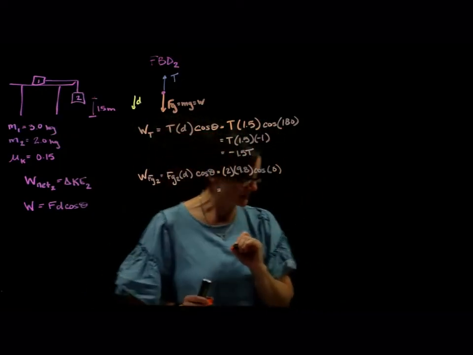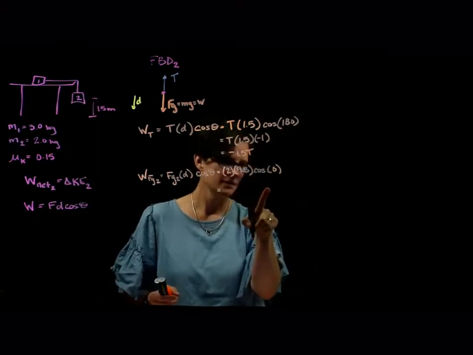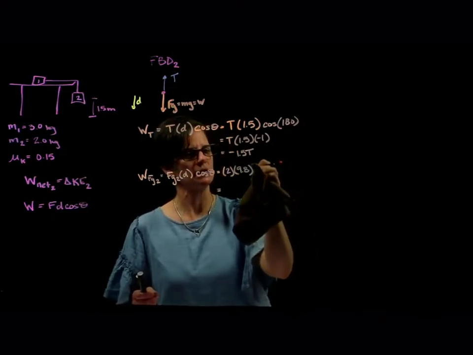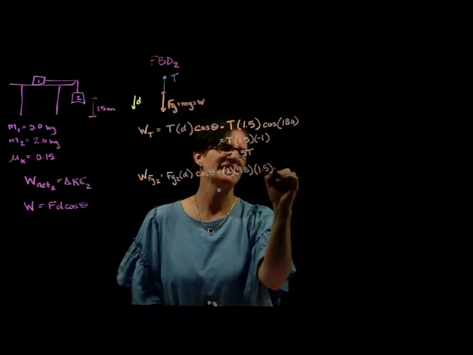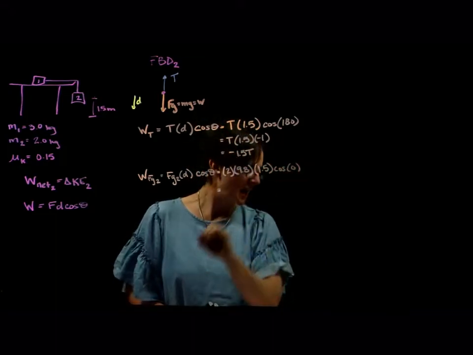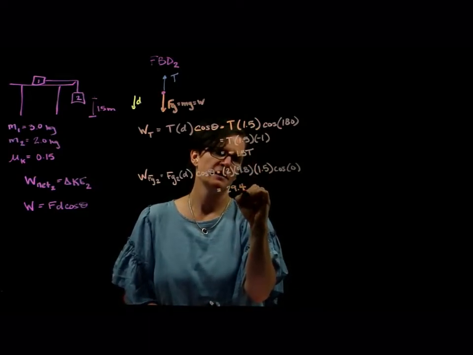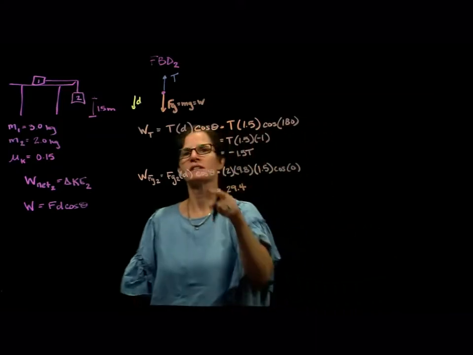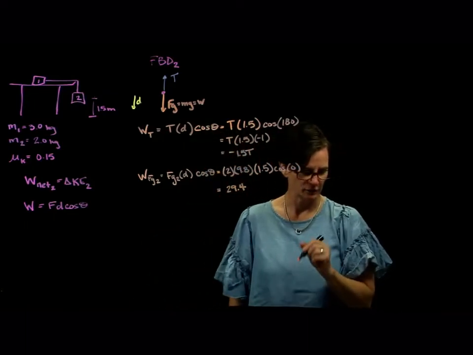Oh, we forgot d. Oopsie. That's mg times 1.5 times the cosine of 0, and we end up with 29.4 joules. It's positive because the force of gravity is acting in the same direction, so it has positive work.